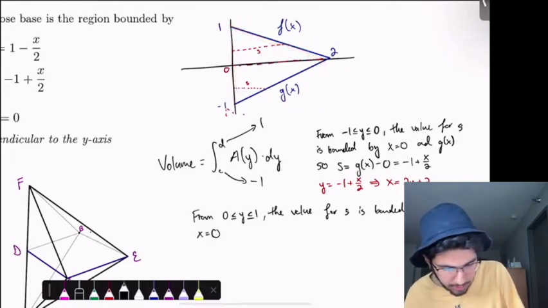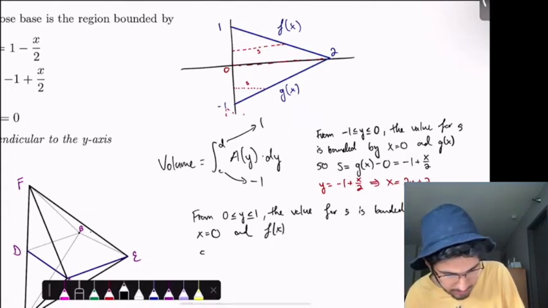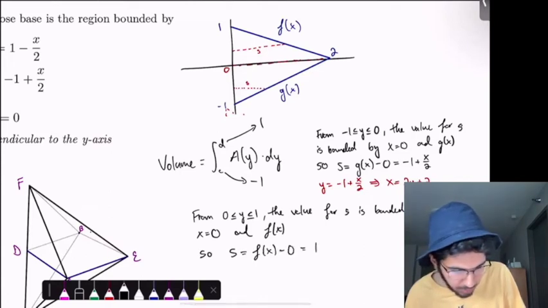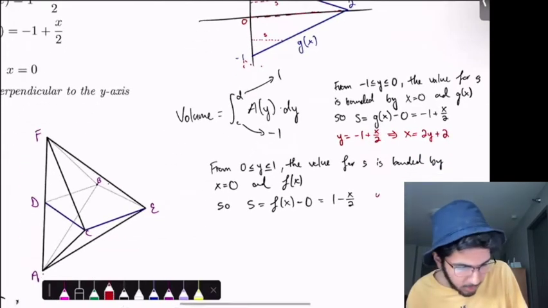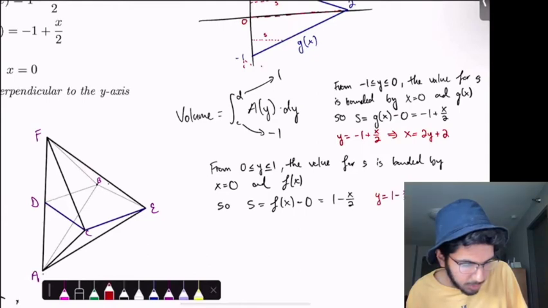X equals 0 and f of x. So s is going to be equal to f of x minus 0, which is 1 minus x over 2. And again, we'll do the same thing. Y equals 1 minus x over 2. Solve for x in terms of y. 2 minus 2y.